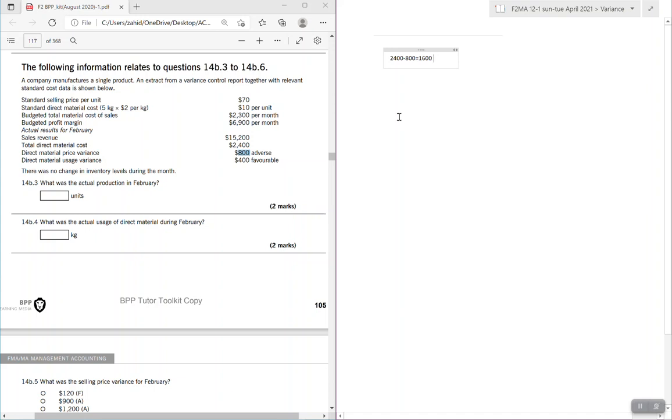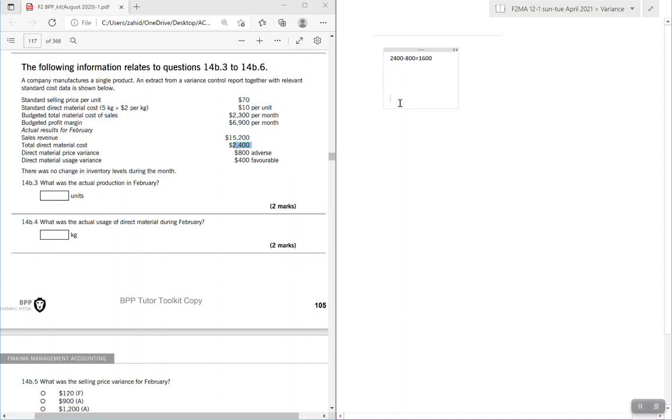That means 1600. So whatever we paid for the material, which is 2400, is what it actually cost. But if we had purchased them at standard price, we would have purchased them at 1600.